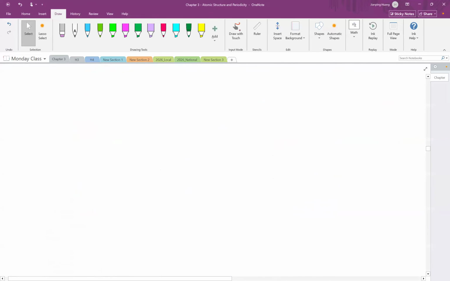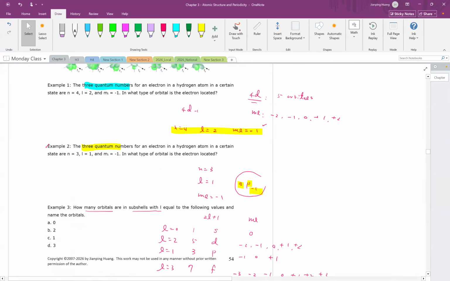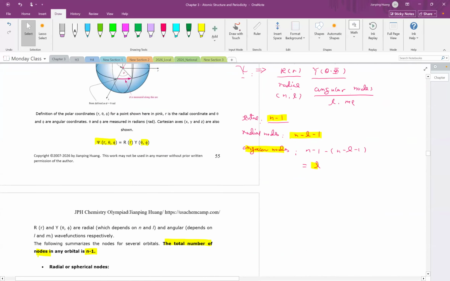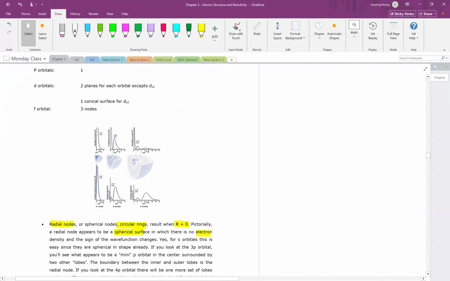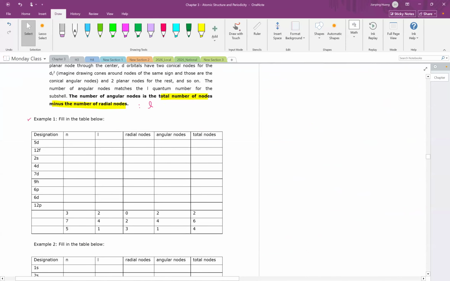Now, how can I calculate? The way to calculate is that radial nodes equal n minus L minus 1. Angular nodes is L. When you add these, you get the total nodes equal n minus 1.